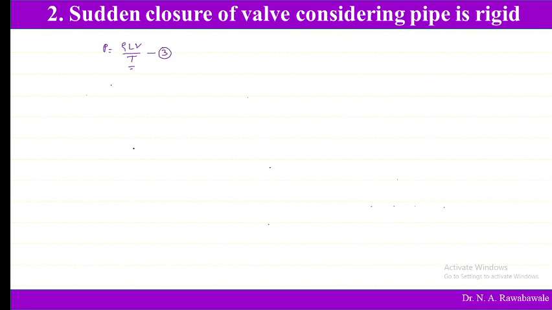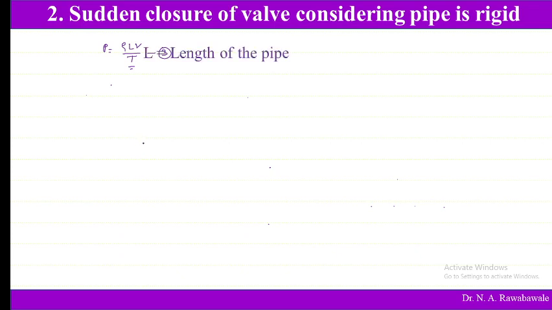Generally we assume that the liquid, water or oil, is incompressible, but it also has a certain limit of compressibility. Sometimes the material of the pipe, even though we assume it is rigid, also gets stretched and absorbs the shock produced due to sudden closure. So the shock is absorbed by the pipe as well as the valve itself.